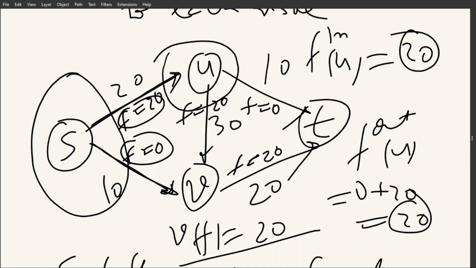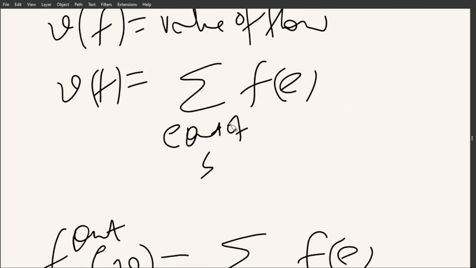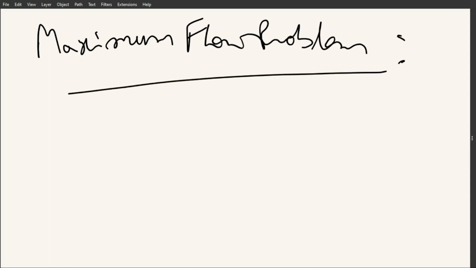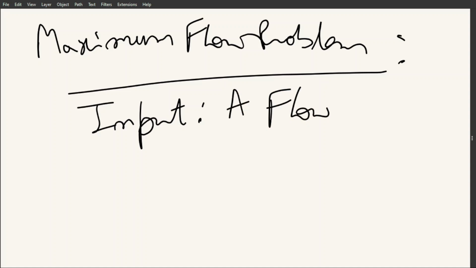Now we define the maximum flow problem with these definitions. Here the input is a flow network, not network flow, a flow network.